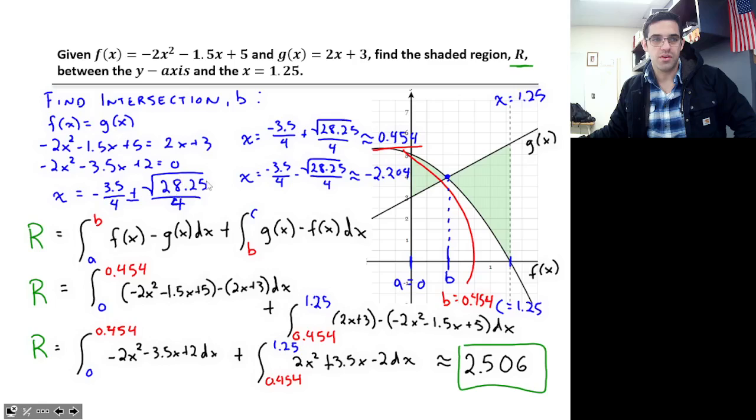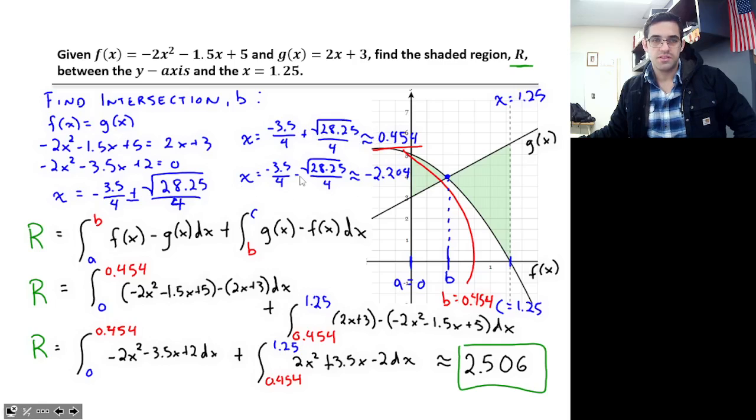I did use my calculator a little bit to get this 28.25. That's totally okay. Then we get two answers: negative 3.5 over 4 minus our square root gives us one answer, and plus our square root gives us another.